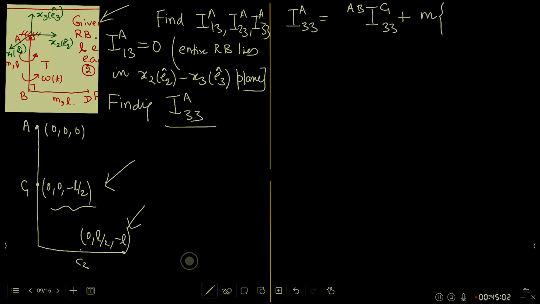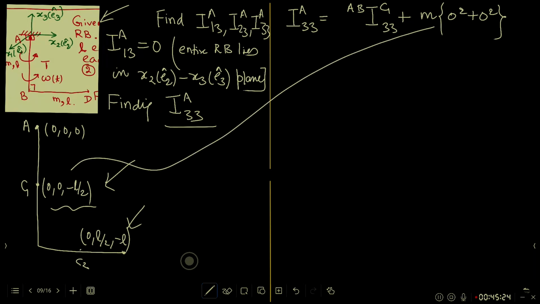That would be 0 plus 0 square. Now how am I writing 0 plus 0 square? I am referring to this. Similar problem I saw yesterday during the tutorial session. I hope you have understood, and that is why I am writing it directly. I hope you will be able to figure out why it is 0 square plus 0 square.